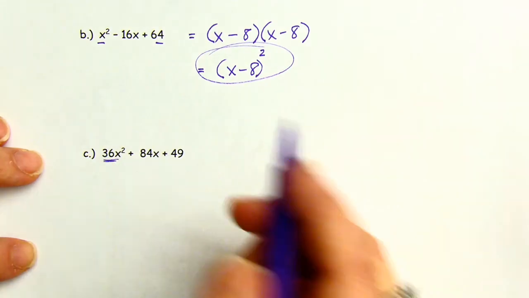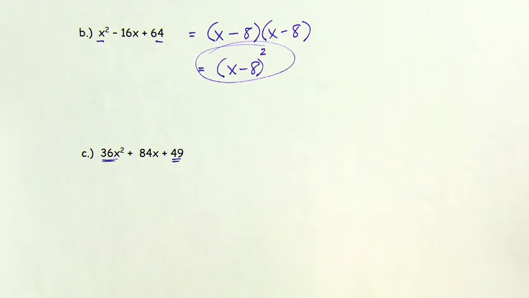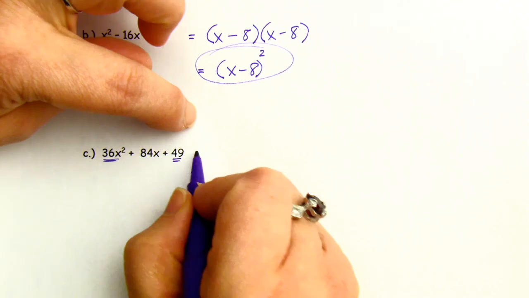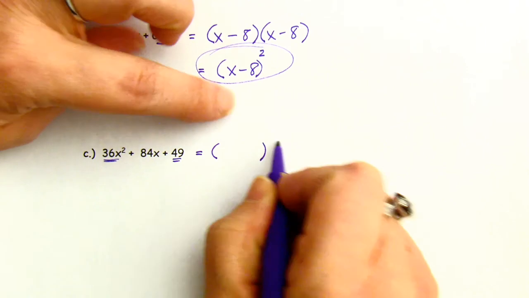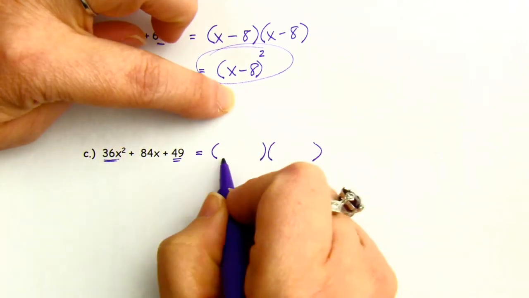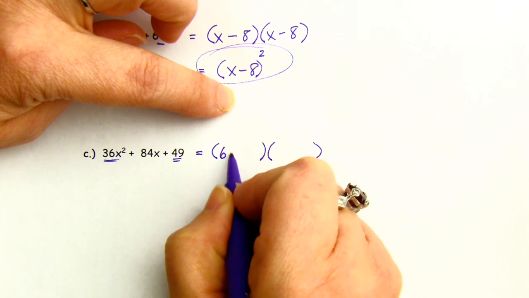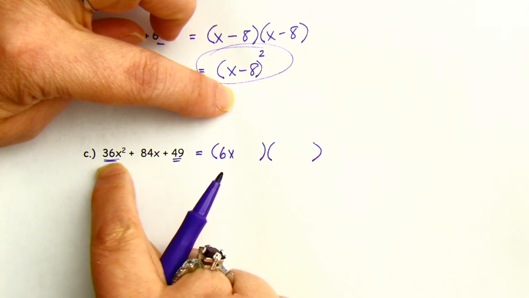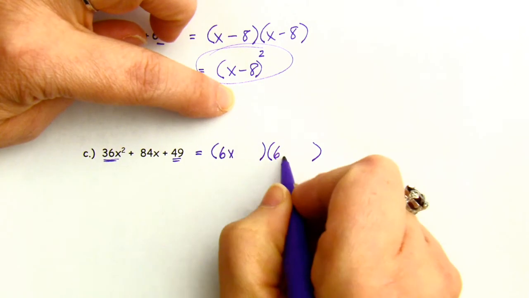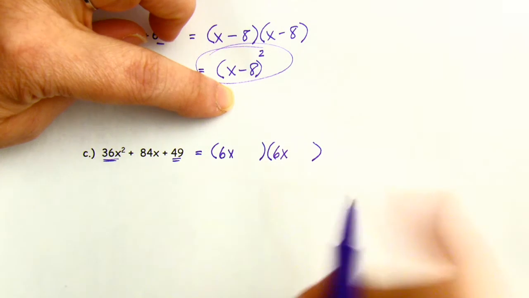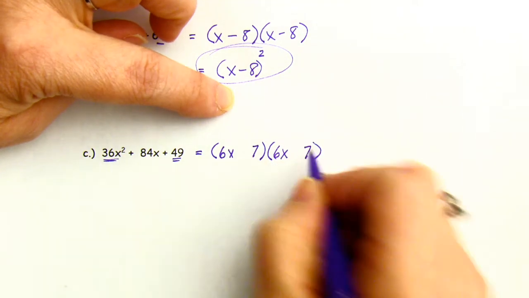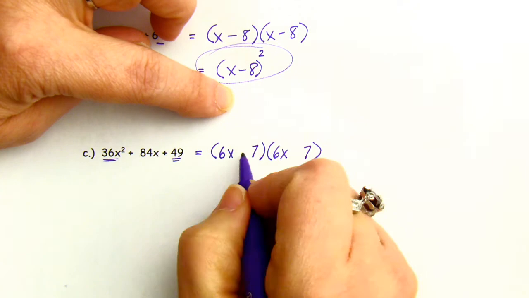So hopefully you picked up on that. 49 is a square. So I want to know, and I'm going to try. And if I make a mistake, so what? I could erase it. The square root of 36x squared is 6x. So I'm going to put 6x there and 6x there. 49, the square root of it is 7. Signs are the same, they're both plus.